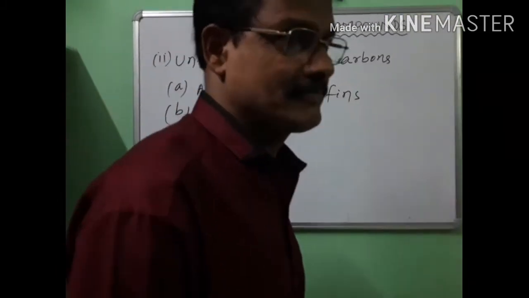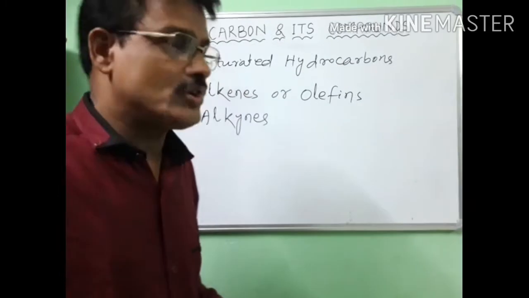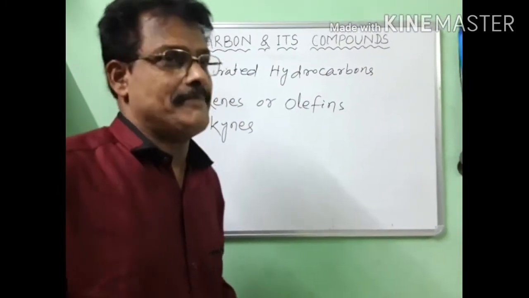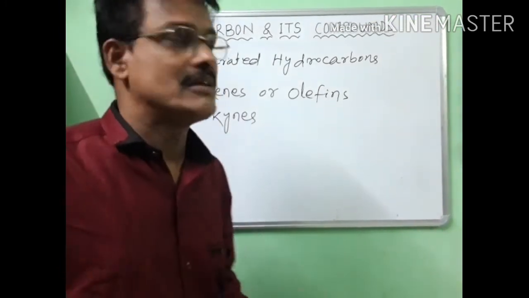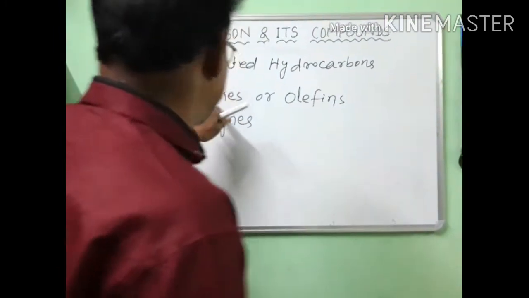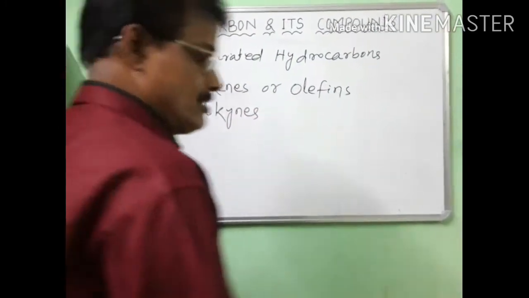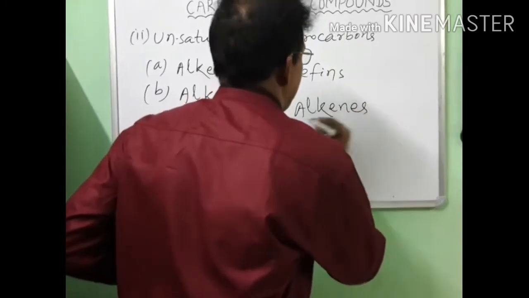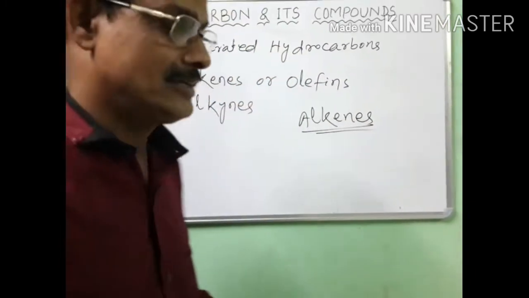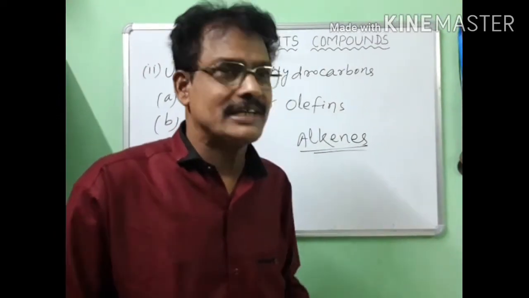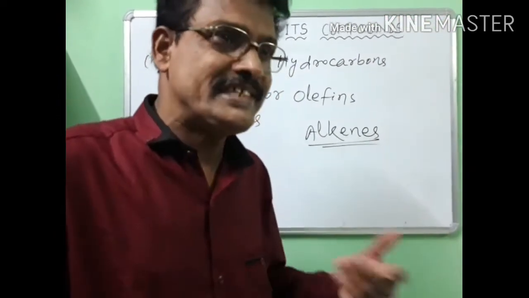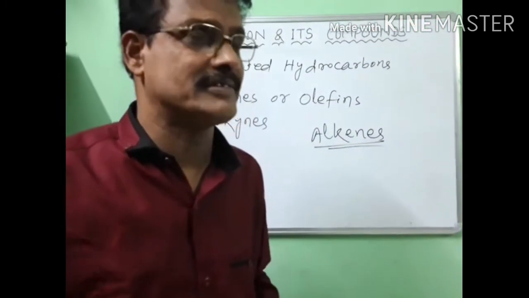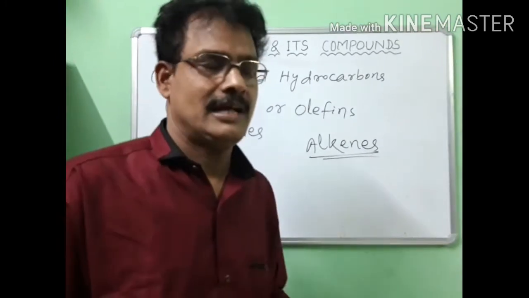So what are alkenes? Those unsaturated hydrocarbons which have at least one double bond along with single bonds are called alkenes.